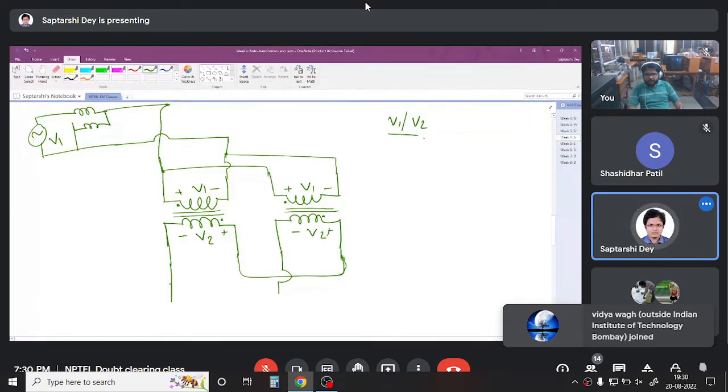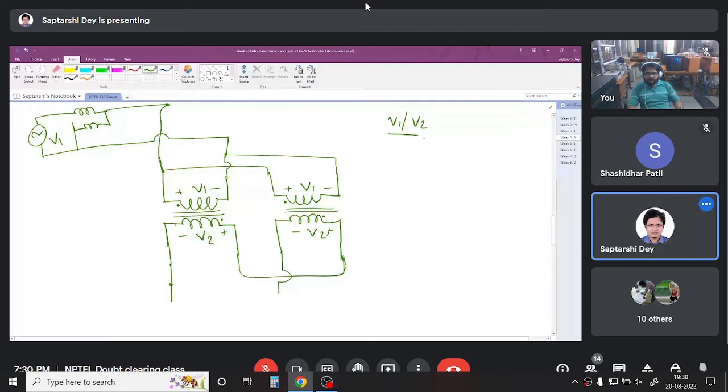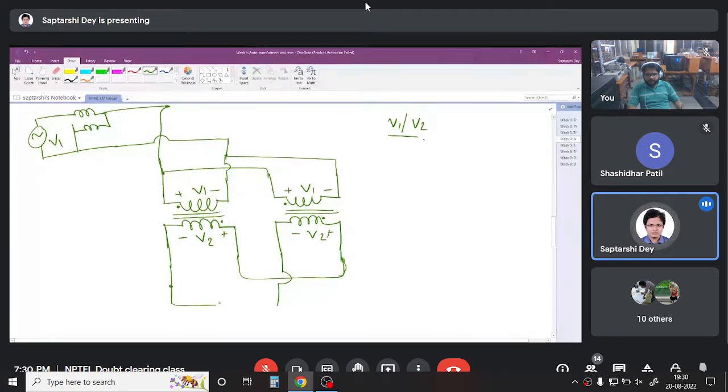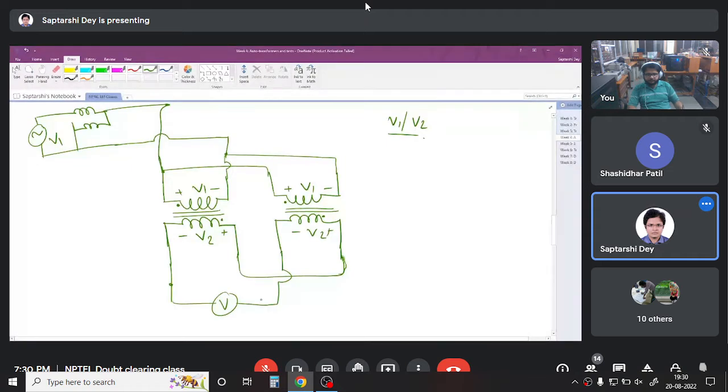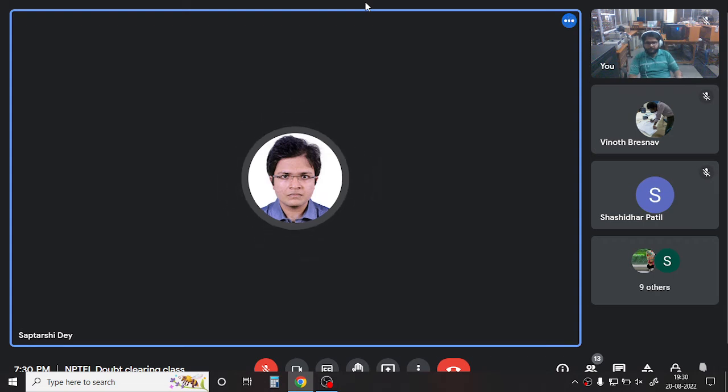So if you start traveling from here, you see there is a voltage rise by V2 and a voltage drop by V2. So in this situation, if you connect a voltmeter here, it will read 0 volt. And not only that, instead of connecting a voltmeter, say you connect the voltmeter first.